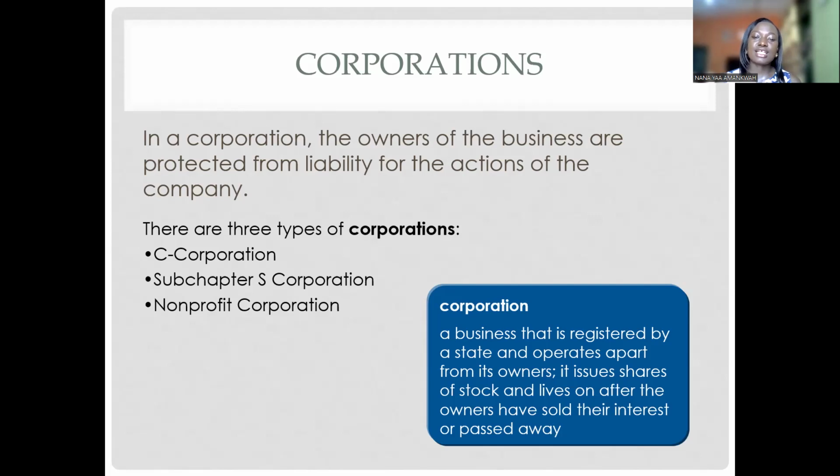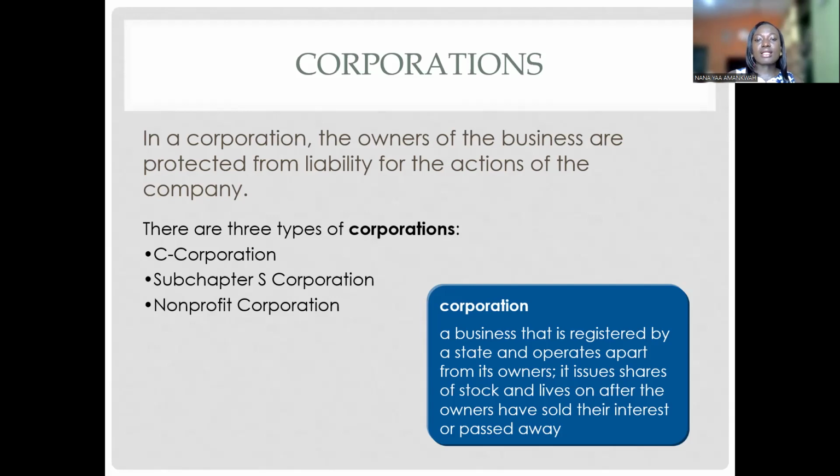It issues shares of stock and lives on after the owners have sold their interest or passed away. So in the absence of the owners, the corporation still lives on.